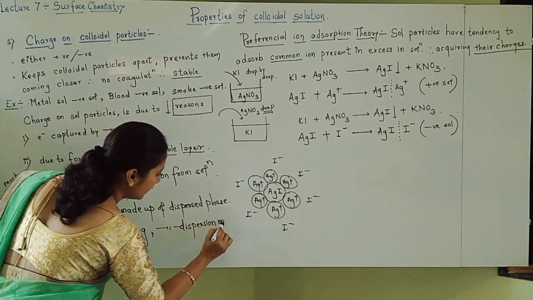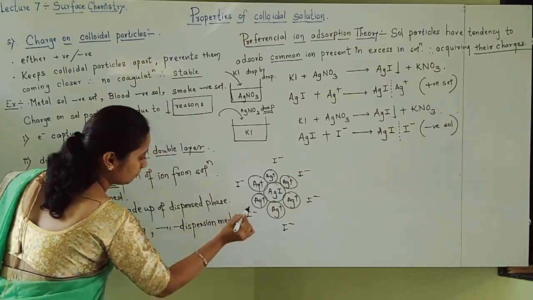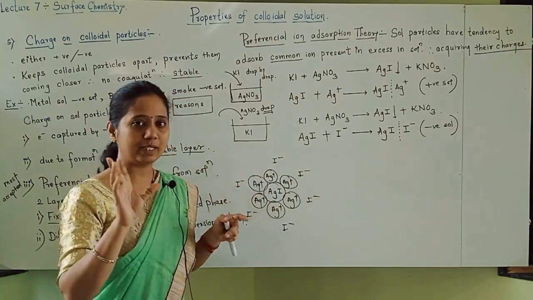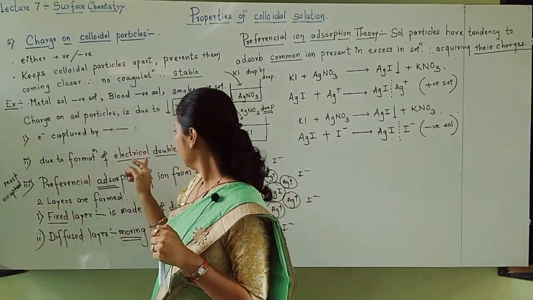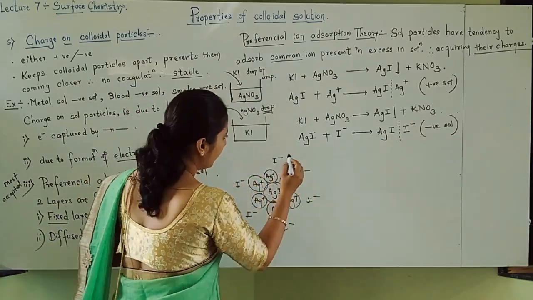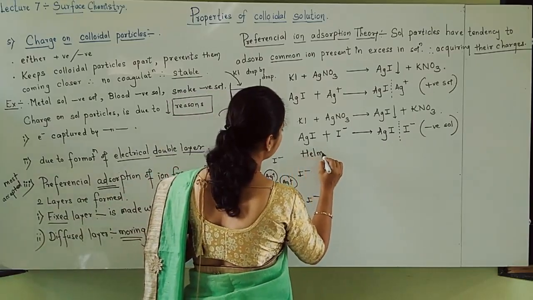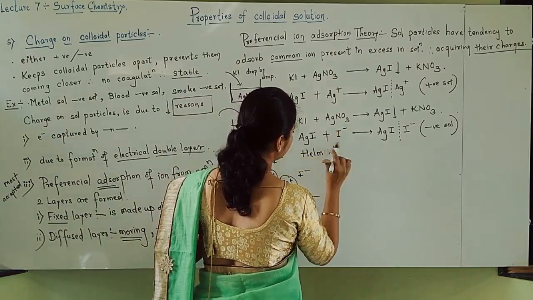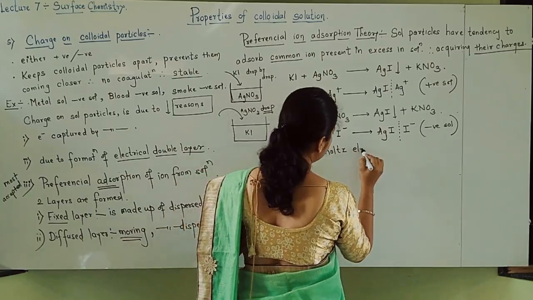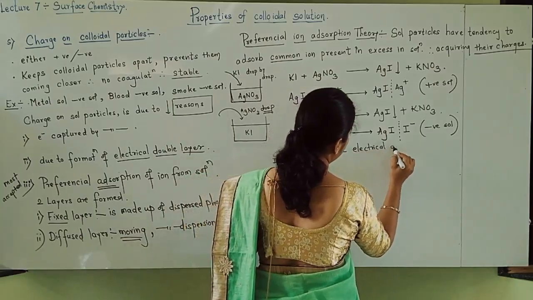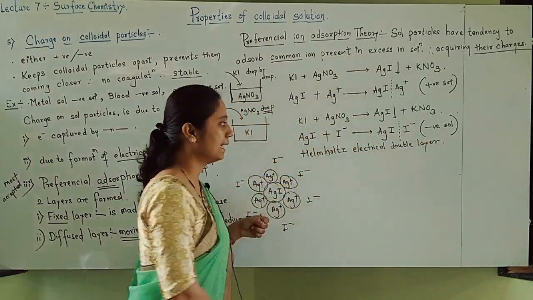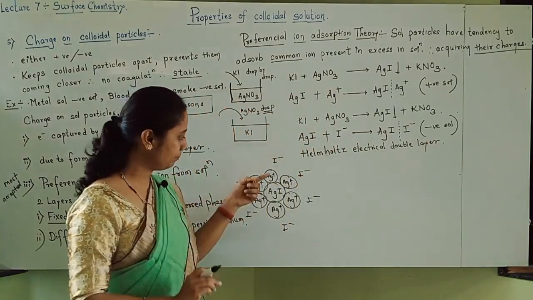Like this, two layers will be there. This is called the electrical double layer, or these are called the Helmholtz electrical double layer.